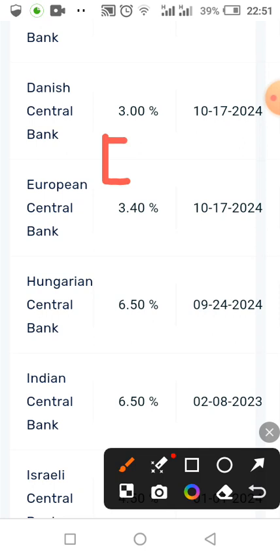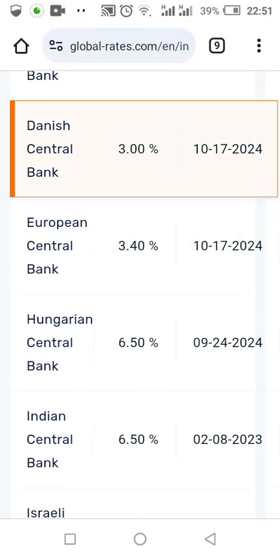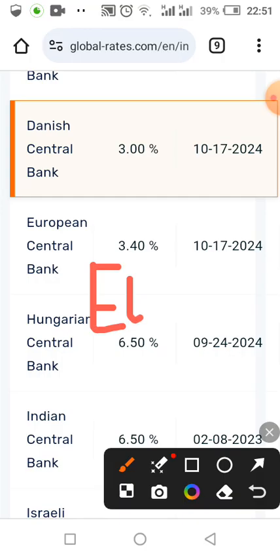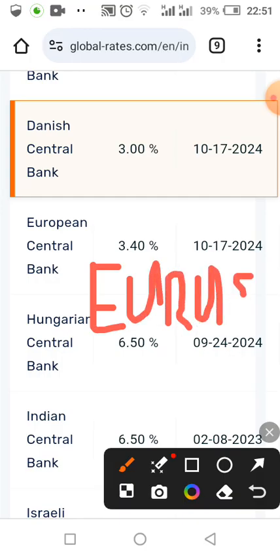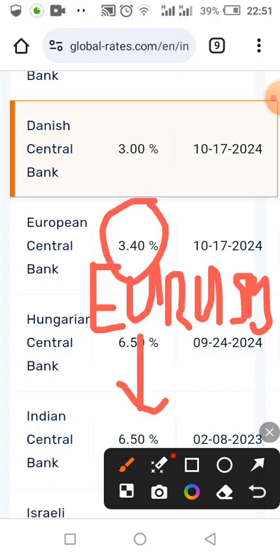So if you were to trade the euro versus US dollar currency pair, since the euro has a smaller interest rate than that of the US dollar, you would also be focusing on selling the euro versus US dollar currency pair, because the interest rate is 3.4%, whilst that of the US dollar was 4.75.